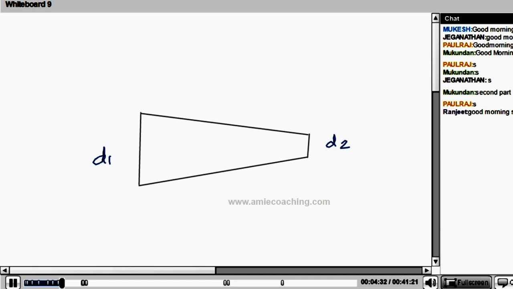Okay. The diameter is varying from D1 to D2, and we consider a small strip at a distance x. Can you recollect this?